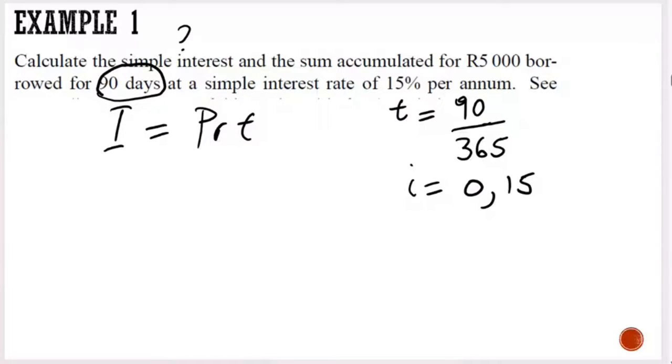It is saying calculate the simple interest and the sum accumulated for. Yes, that is English. It's the sum accumulated for. So here you are supposed to calculate the simple interest and the sum accumulated. So you are asked to calculate for I, and also you are asked to calculate for S. It is just to read the English, and then it is for what?